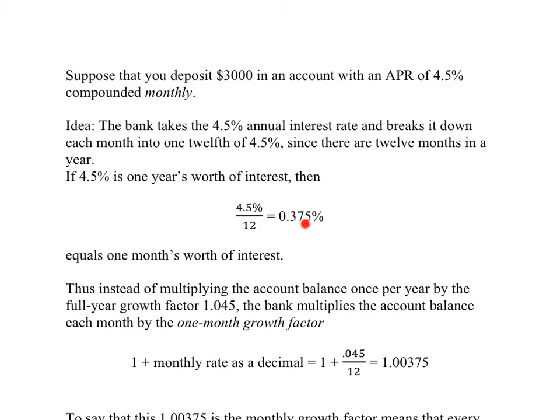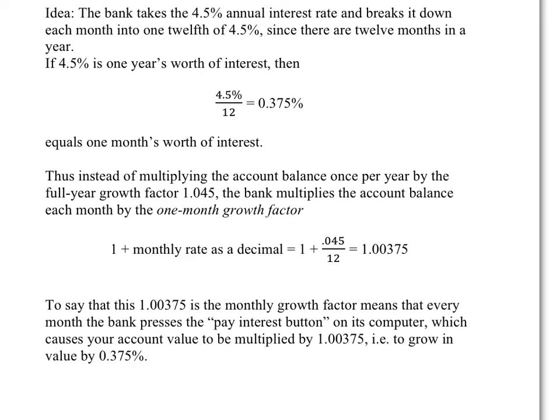This 0.375% converted to a decimal is 0.00375. To say that this 1.00375 is the monthly growth factor means that every month the bank, as it were, presses the pay interest button on its computer, which causes your account value, whatever it is as of that moment, to be multiplied by 1.00375.